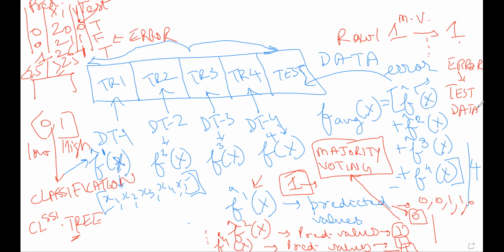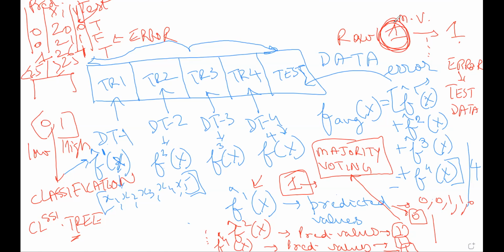When the decision trees are classification trees, I'm going to predict all the decision tree values on the test data, take the majority vote, and row by row, I'm going to predict. Here I showed you how to predict for row 1. When I get all the rows predicted, I get an error on the test data. So far, so good. Any questions on this? Is this clear to you?